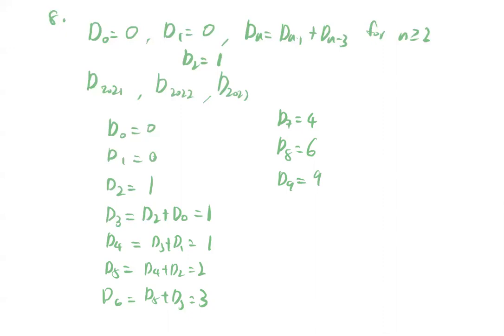And at this point, you'll be able to see a pattern here, because this is even, even, odd, odd, odd, even, odd. If you continue in a similar fashion, you'll find that d10 will be 9 plus 4, which is 13, and 13 is an odd number again.